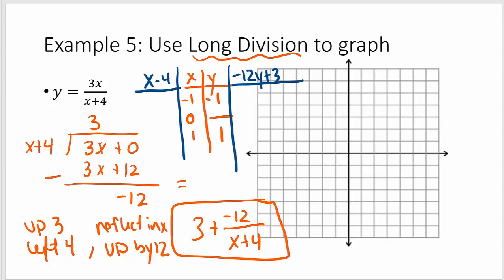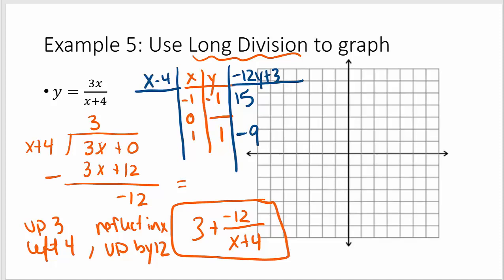So I paused it just to give back some time here, and I made my tables. If I plug in -1, I get positive 12 plus 3, so 15. Negative 12 plus 3 is negative 9.